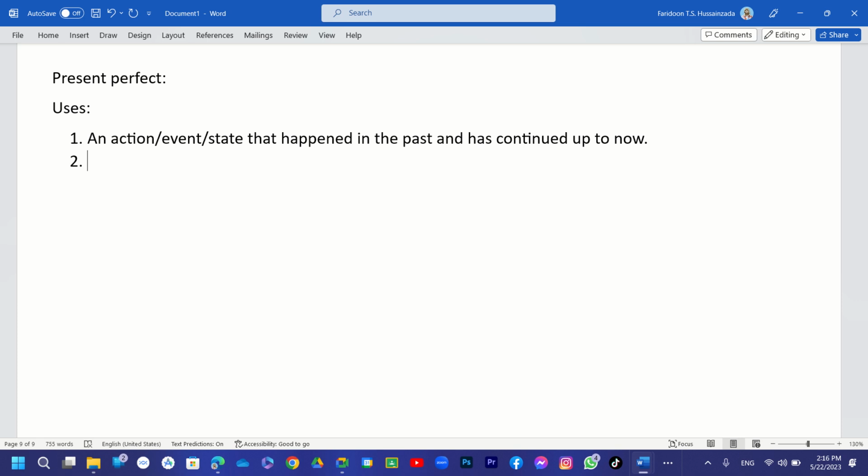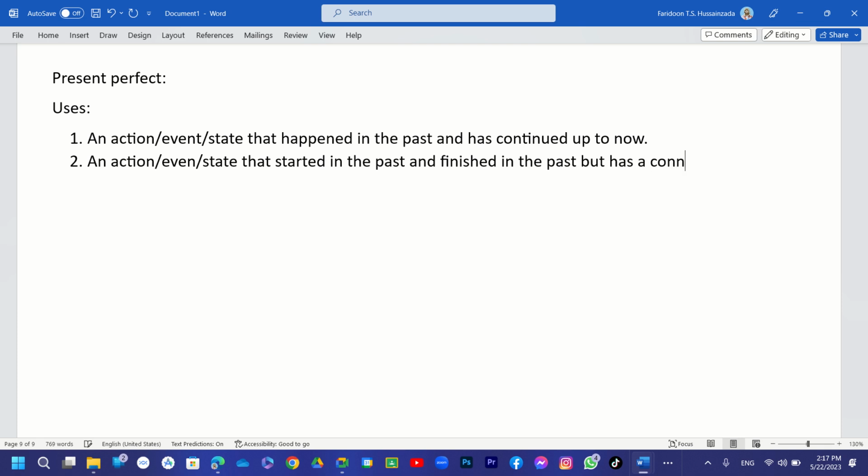Or you can say it's an action or event or state that started in the past and finished in the past, but has a connection to the present time. Has a connection.